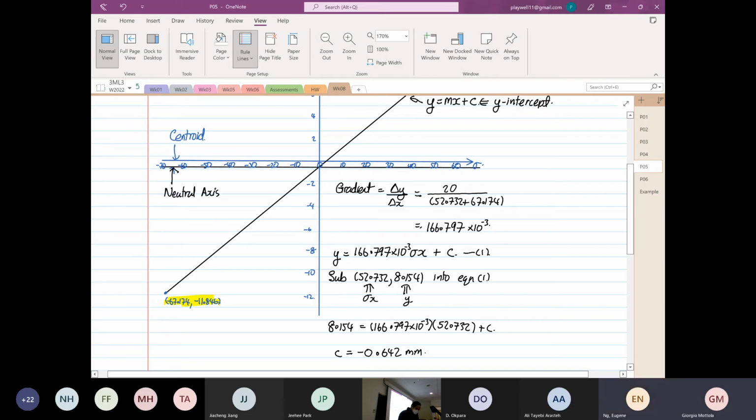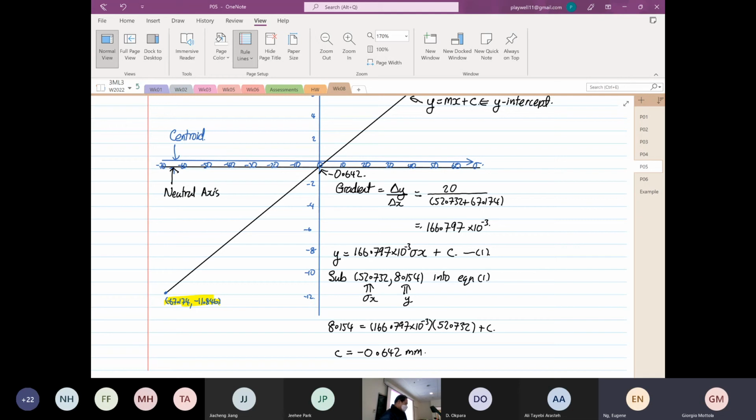Okay. So what this means, the minus means the shift is downwards. Like you can see over here, this is in fact minus 0.642. Okay. So as I said, for eccentric loading, the centroid and the neutral axis are not in the same position.